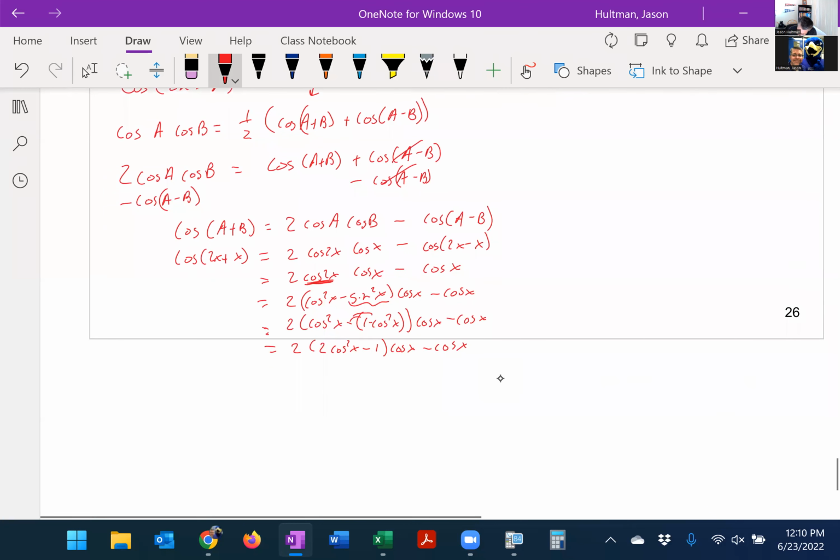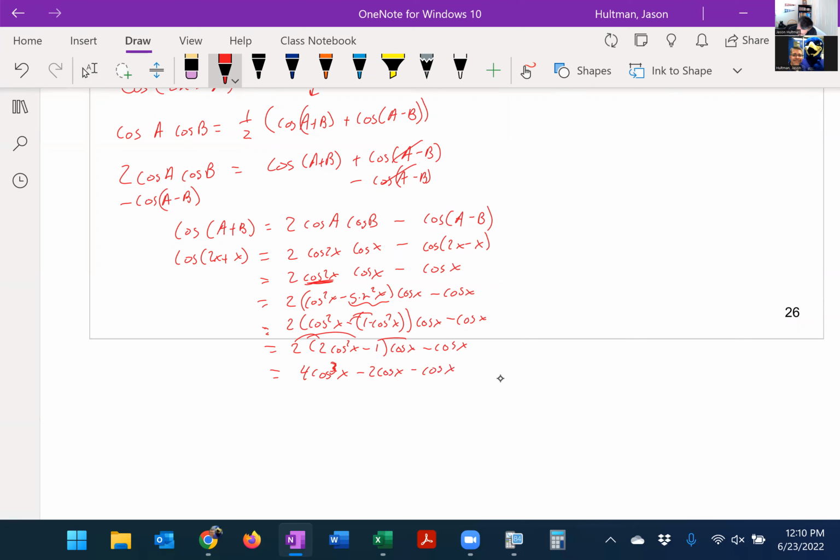Now what we're going to do is distribute the 2 and the cosine x, and I'll get 4 cosine cubed x minus 2 cosine x minus cosine x.